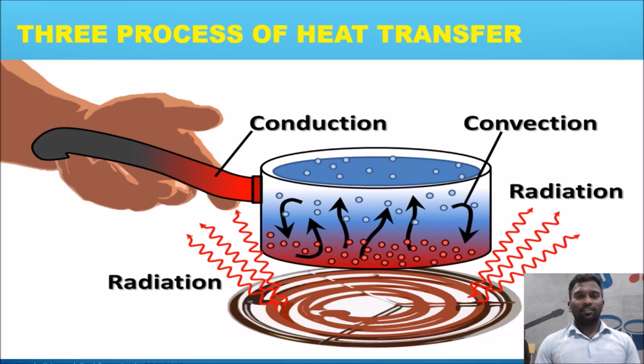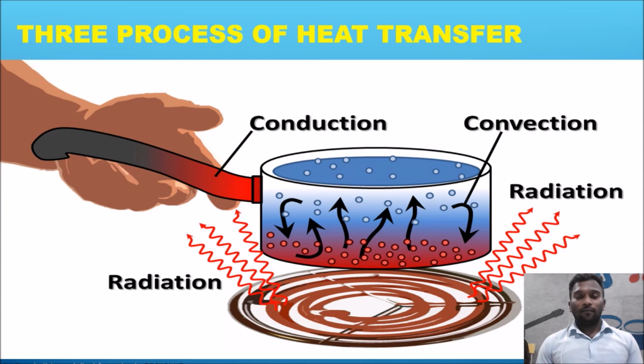Yes, children, on the screen you can see all three types of heat transfer, right? What is happening over there? A vessel with water is placed on a flame, and it has a handle.